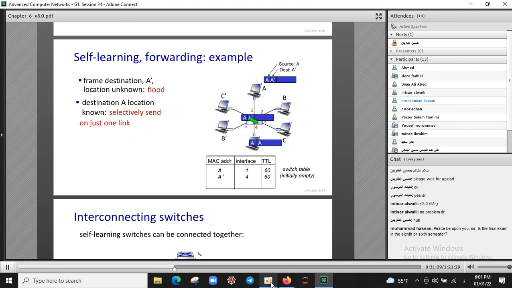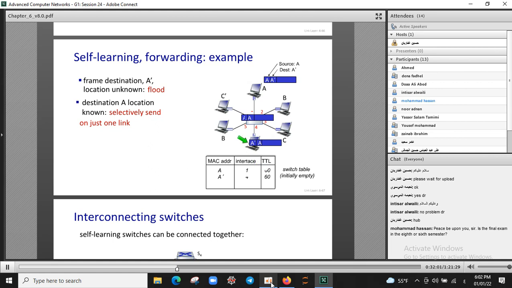For example, here A sends a frame, so the switch writes a record: A's MAC address can be reached over interface number 1 with TTL 16. After that, this frame is broadcast over the rest of the interfaces.